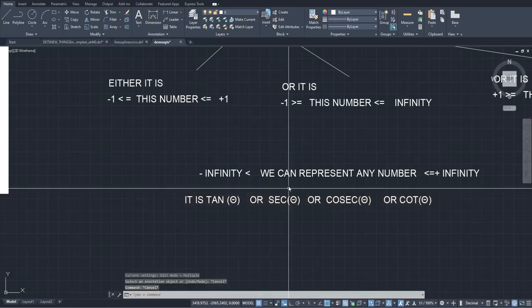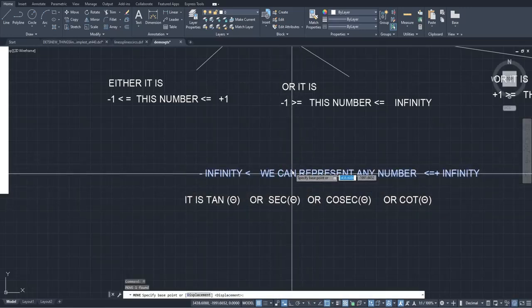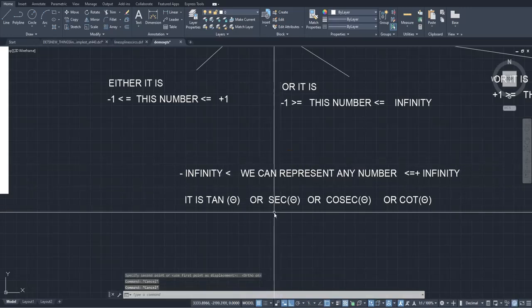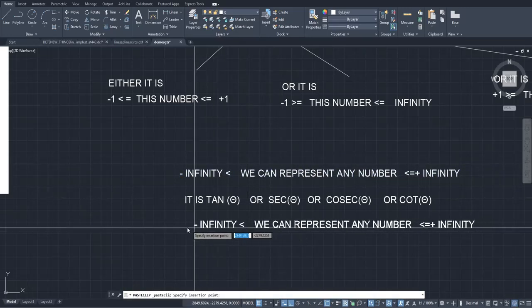So these kind of numbers are universally represented in four ways.